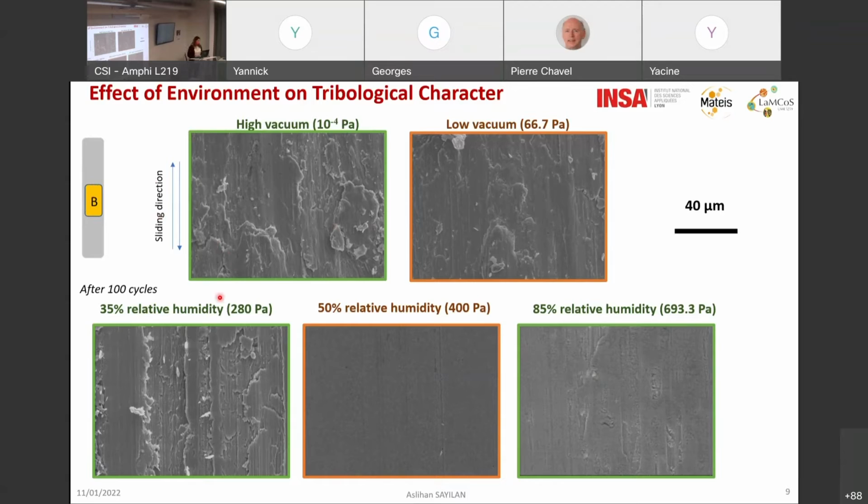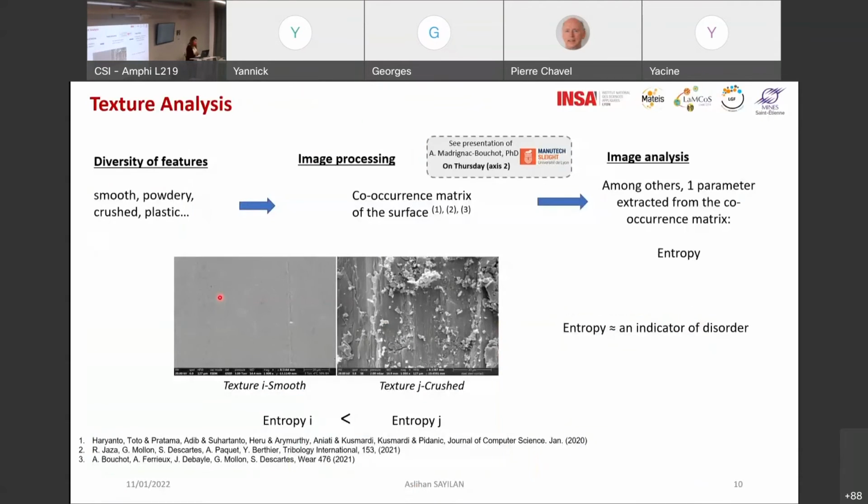By considering that, we thought that we can combine this with the image analysis technique. The image analysis algorithm was written by my colleague Alize Bouchon, and she's going to present more in detail on Thursday at the workshop. But there are actually several parameters with which we can correlate the surface texture and the friction coefficient.